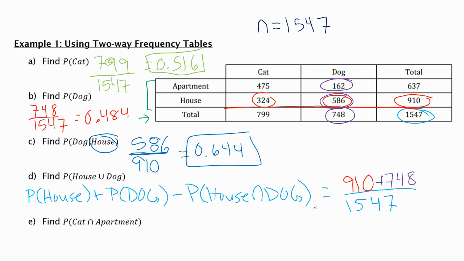But we counted this 586 twice, so we have to subtract off that intersection. When we calculate that out, we get 1,072 over 1547, which ends up being 0.693.